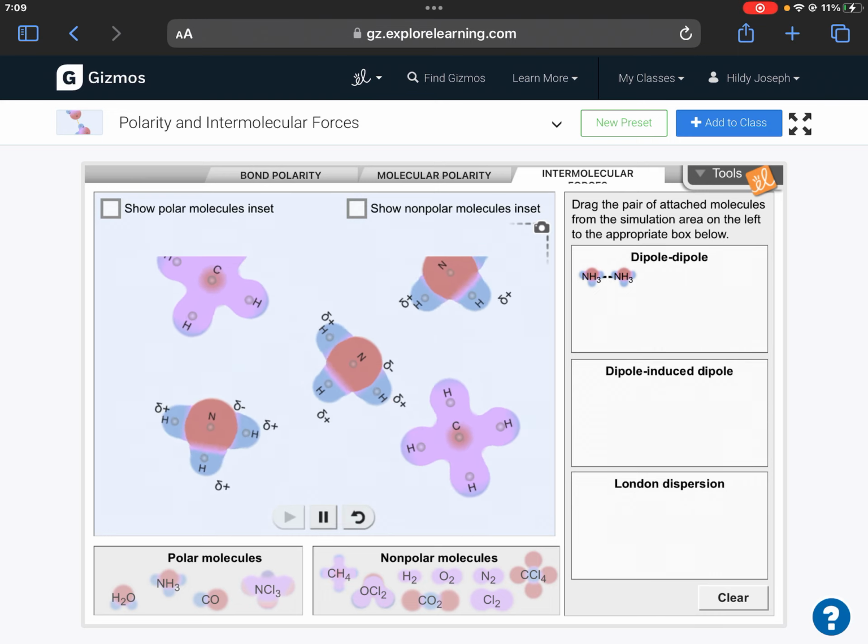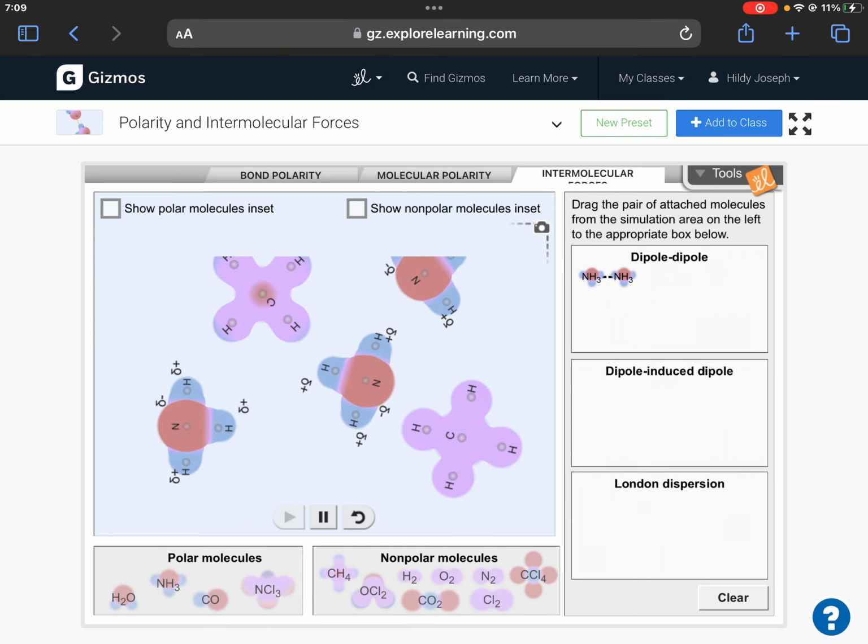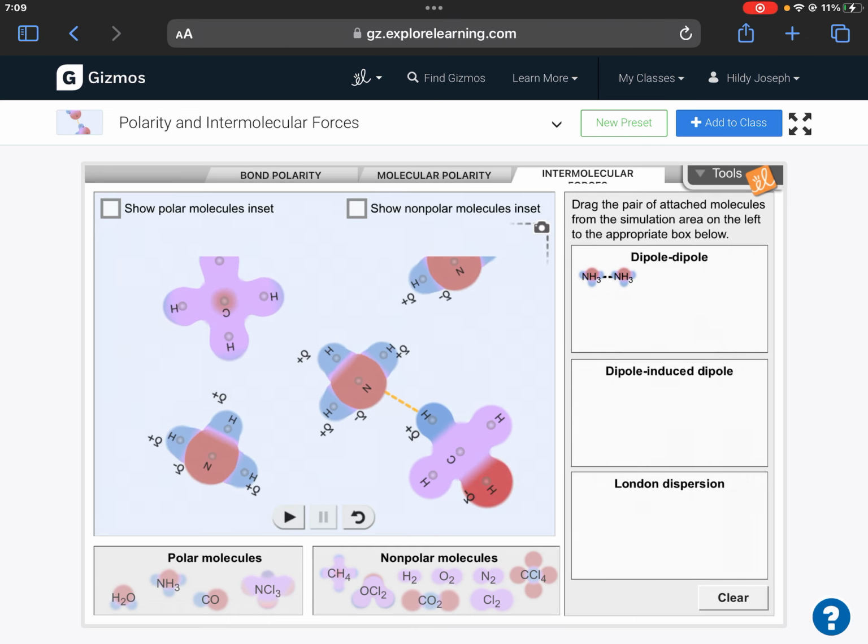However, when the CH4 gets close to a partially negative thing, what do negatives and positives do? They attract. What do negatives and negatives do? They repel.